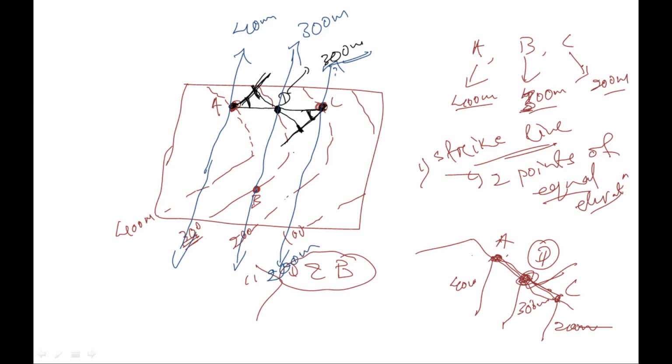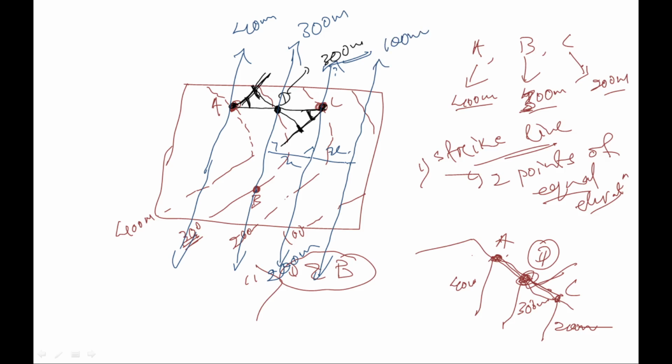Then you can take the perpendicular distance between strikes, x, and you can repeat x, and you can take another strike line having 100 meter value, which will have 100 meter, right?